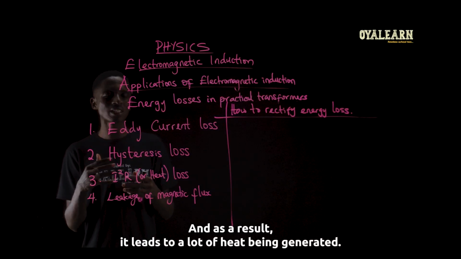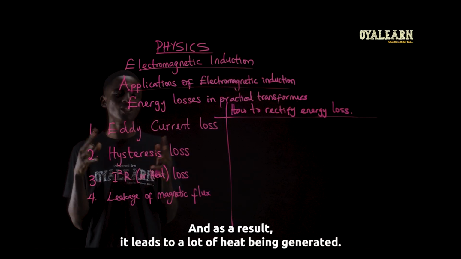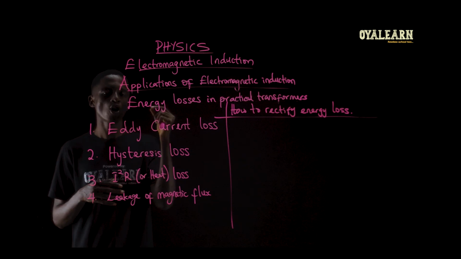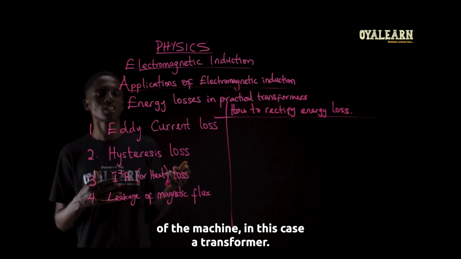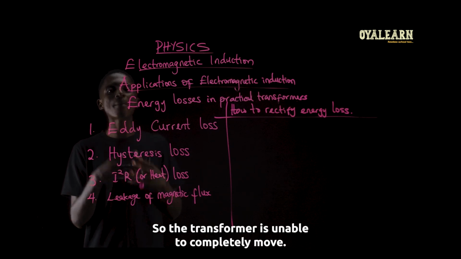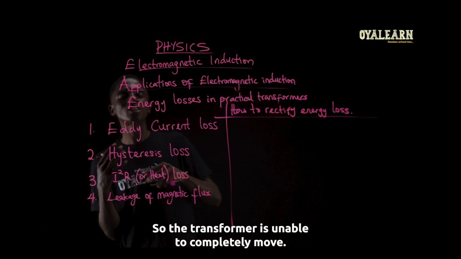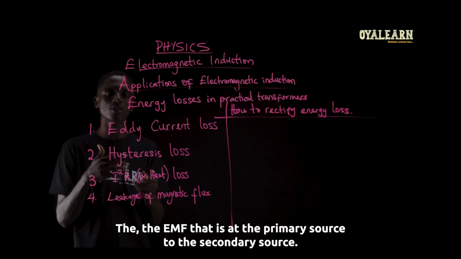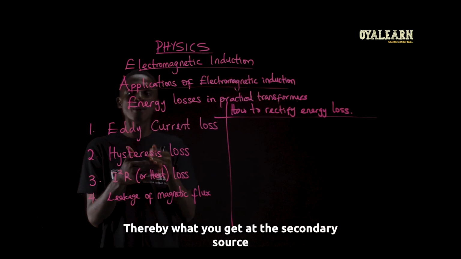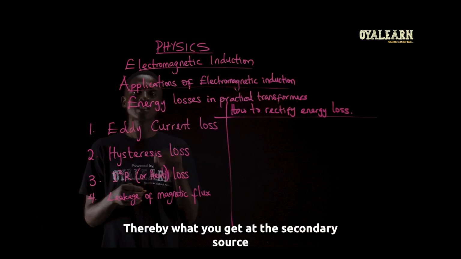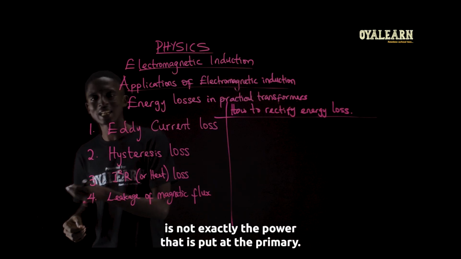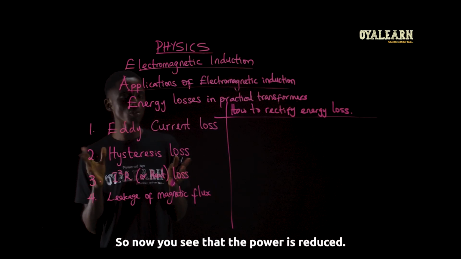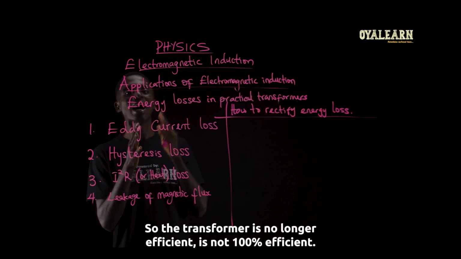As a result, a lot of heat is generated, and as the heat is generated, it reduces the efficiency of the machine, in this case, a transformer. So the transformer is unable to completely move the EMF at the primary source to the secondary source. Thereby, what you get at the secondary source is not exactly the power that is put at the primary. So now you see that the power is reduced, so the transformer is no longer efficient.